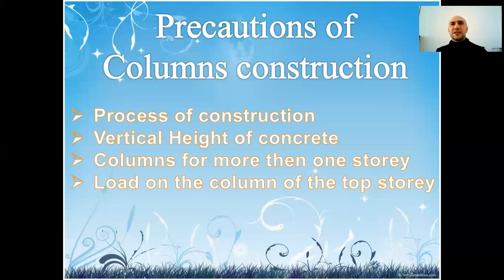All these precautions are taken into account during the design of the columns, during the choice of materials, and the way of design, the type of the column according to the centrically applied load, the axial applied load, and so on.